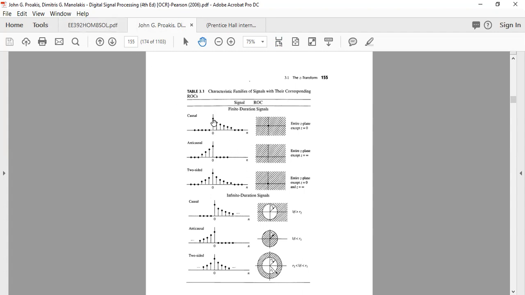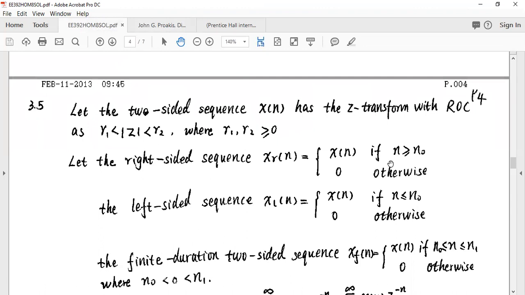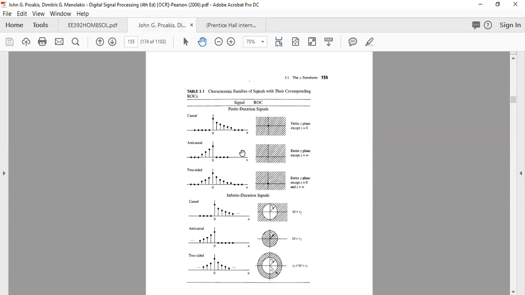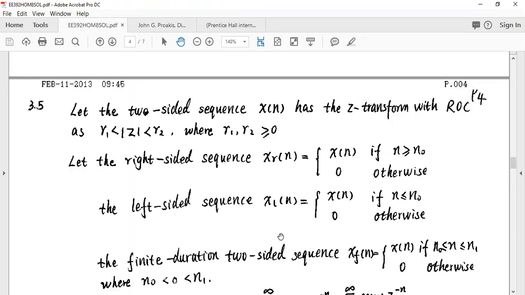It is just on the positive half of the x-axis, right? While when n naught is equal to 0 and n is less than that, in that particular case, our sequence will be something like this. It will be falling on the left-hand side of the plane, right?